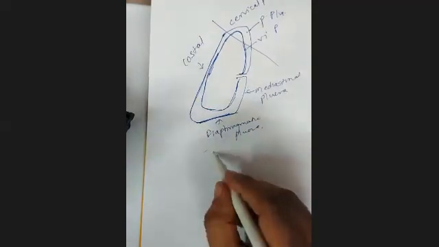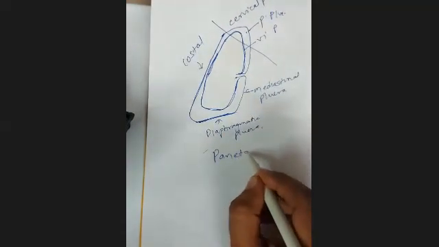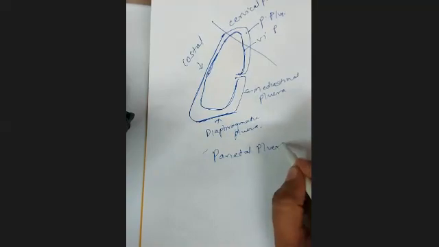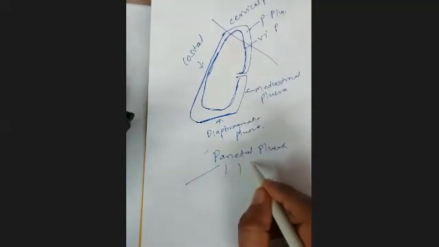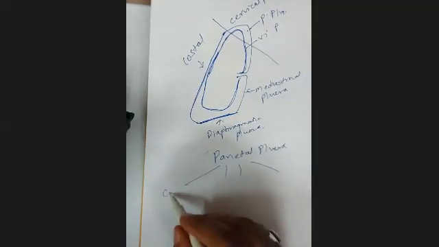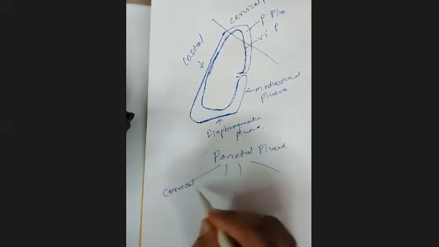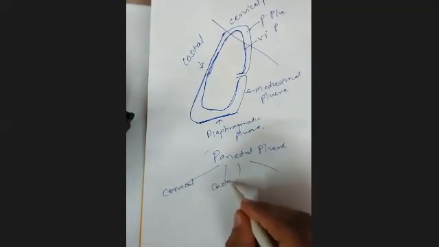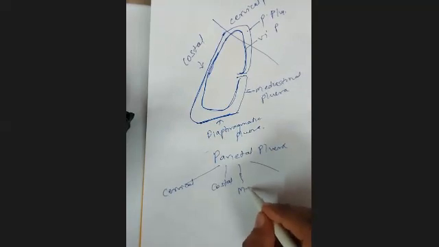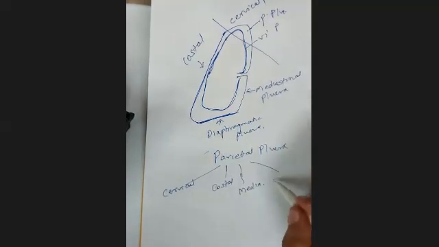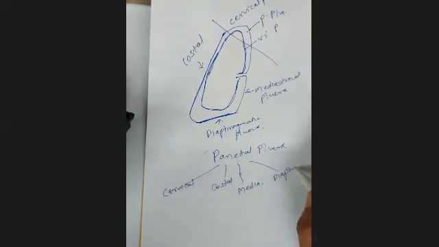So parietal pleura has four parts: cervical, costal, mediastinal, and diaphragmatic.